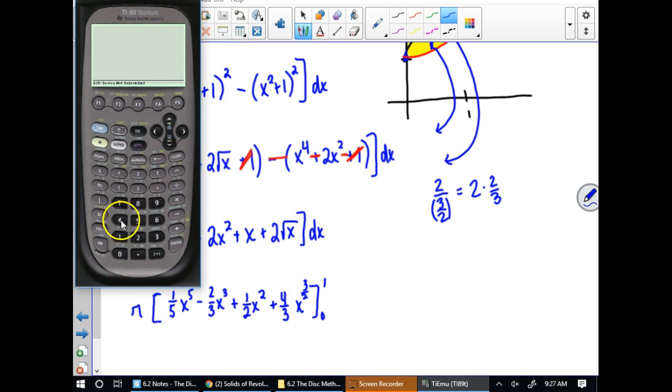So we'll have 1/5 minus 2/3 plus 1/2 plus 4/3. And so that's going to give us 41 over 30, so we'll have 41 pi over 30.